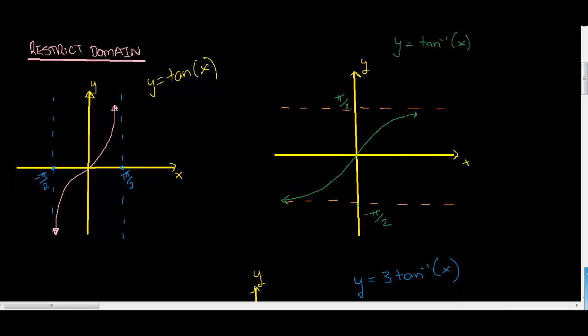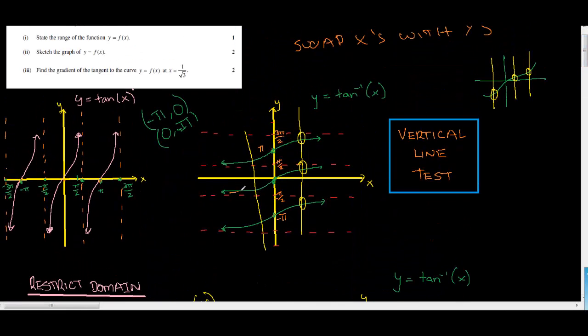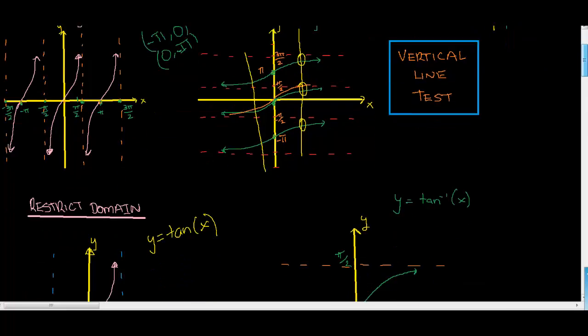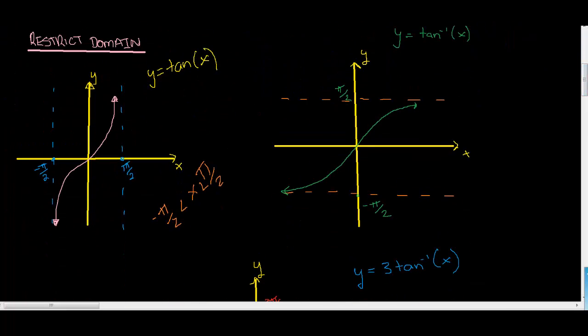So we're restricting the domain: minus pi on 2 is less than or equal to x, which is less than or equal to pi on 2. Then when we do the inverse, we only get this middle curve here instead of all these ones. And when we put this through the vertical line test, it only hits once. So this graph here is a function.